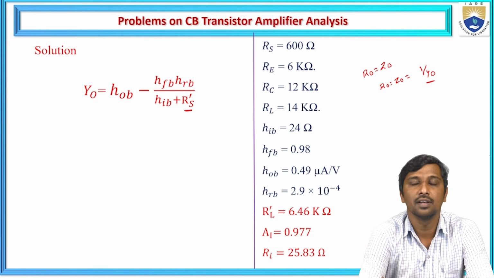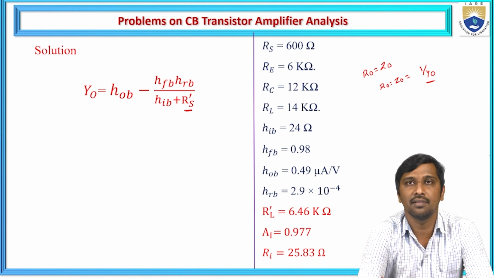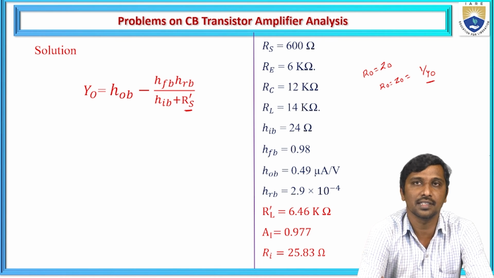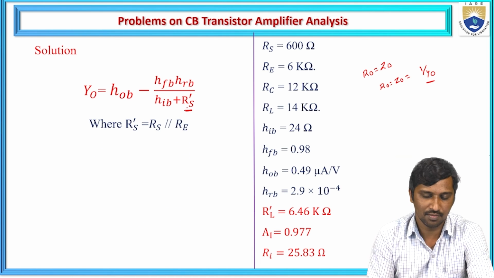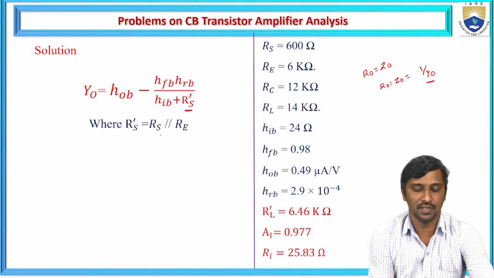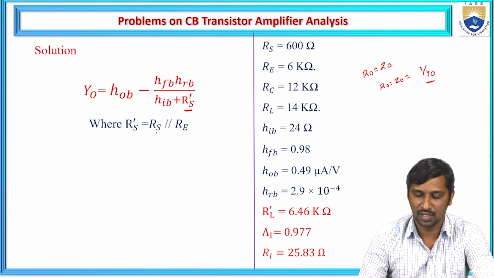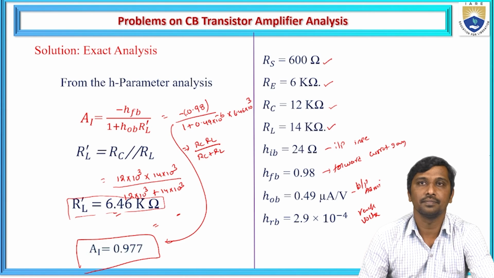So when the input signal is passing through the common base amplifier circuit, on the input side we have two resistances, one across the emitter side and one external source resistance. Hence, we need to take the equivalent resistance, where R dash S is represented as the parallel combination of source resistance as well as the emitter resistance.